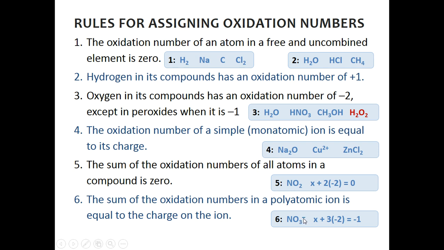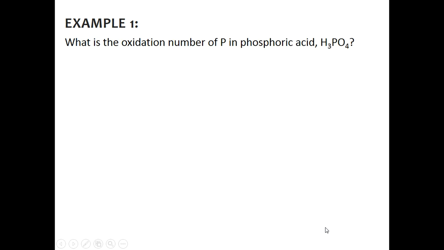So here nitrate has a charge of -1, so if I add up all the oxidation numbers for every atom of every element, it has to equal -1. So I can solve for X, knowing that from rule 3, each oxygen is -2, and I have 3 of them.